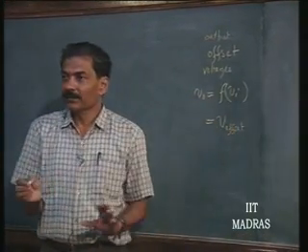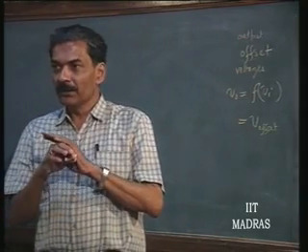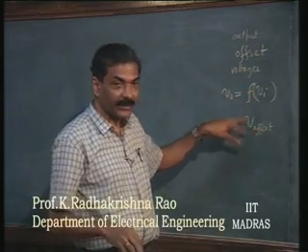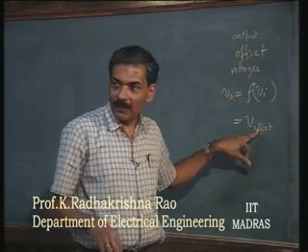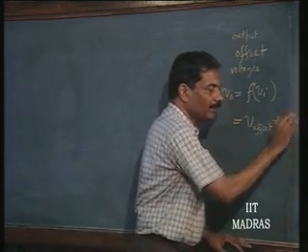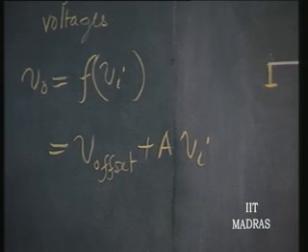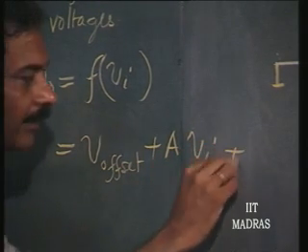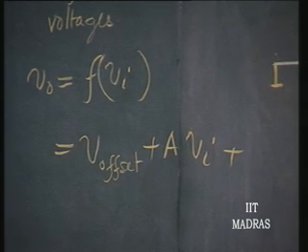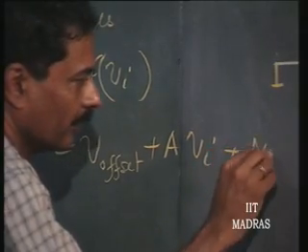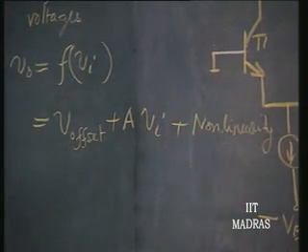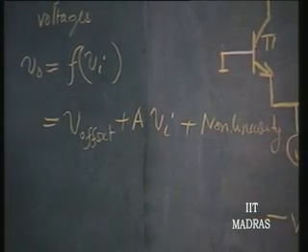So, in any amplifier, in whatever form of biasing you use, the output is a function of VI, and the factor independent of VI is always called the offset voltage, plus A times VI, the linear dependence, and then the VI squared factor, VI cubed factor, and so on. These are the output due to non-linearity.